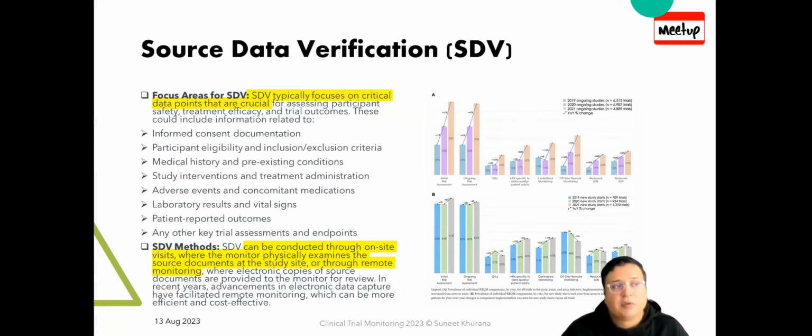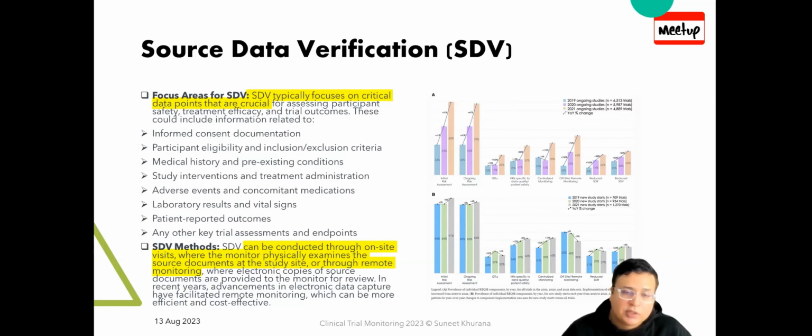They check whether the patient was given enough time, whether there were any discussions, and whether all the different elements of consent were explained to the patient. So you have to have a consent in place, as well as a consent process in place, and how it was done, and the date and time it was signed, all that stuff. They check eligibility and exclusion criteria, whether patients in the study should actually be in the study or not.